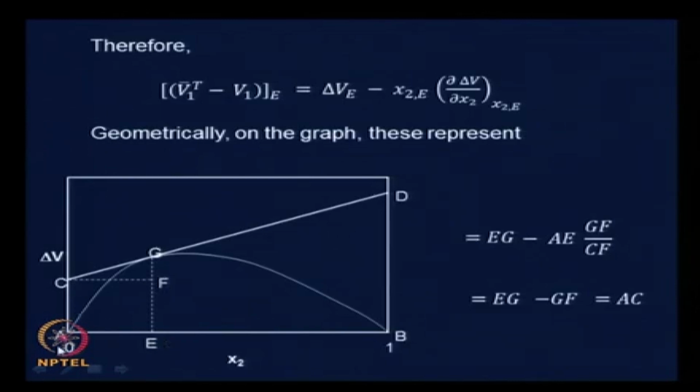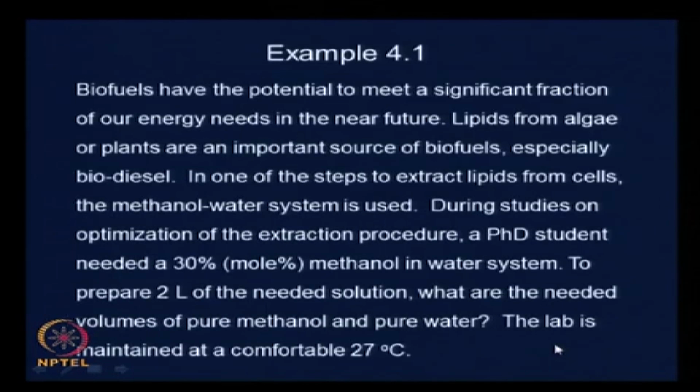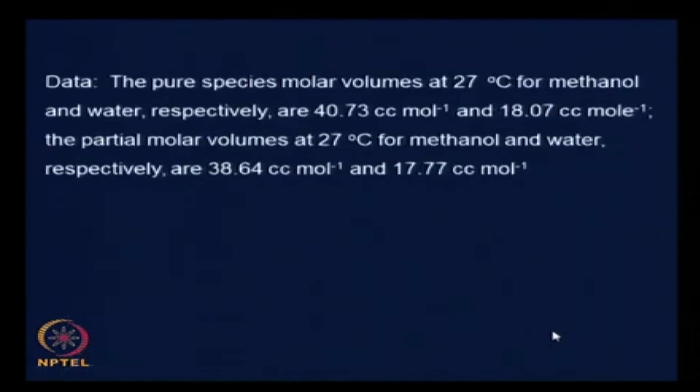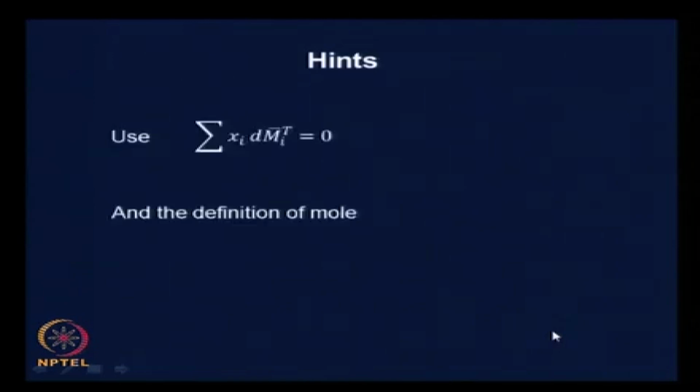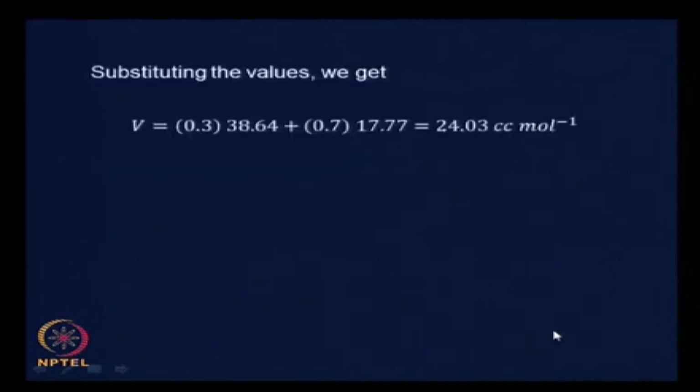FE is nothing but CA, which is the intercept of the tangent on the x2 equals 0 line. Then we worked out an example by which we could find out the partial molar volumes for a case of relevant interest.